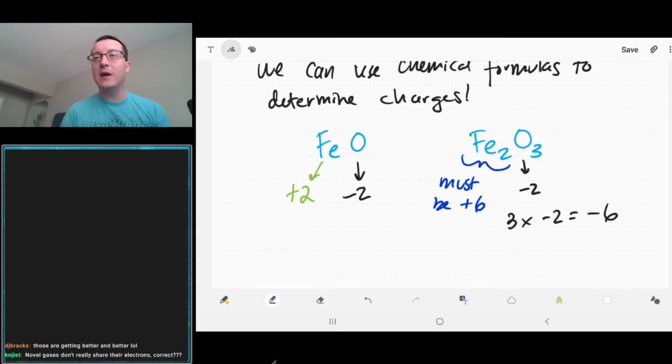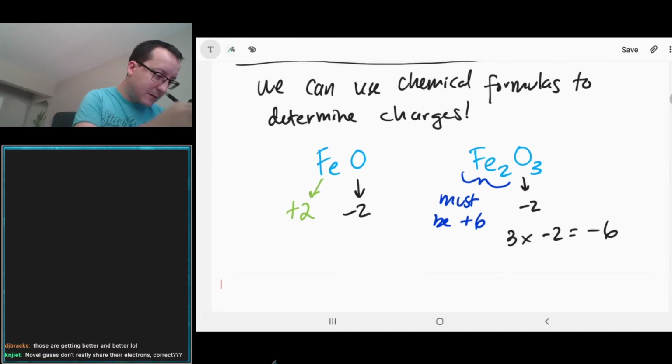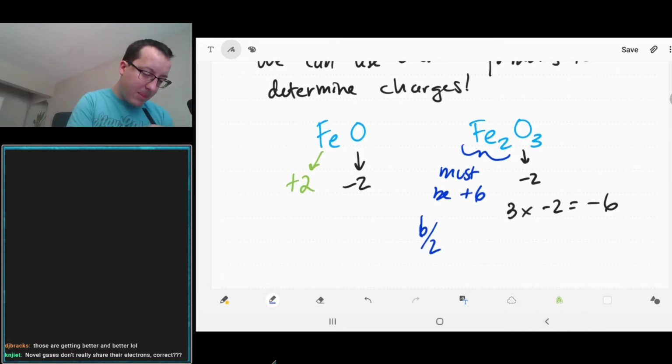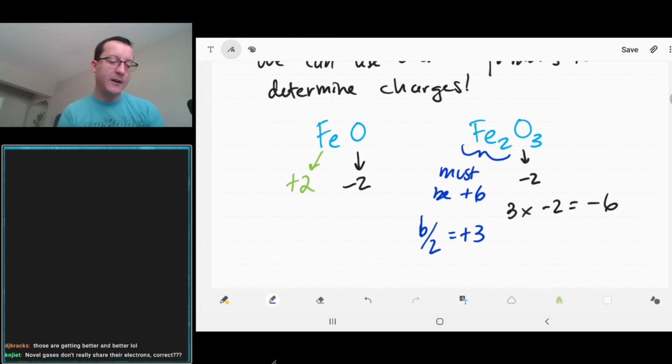Since we have 2 of those irons, that means each iron is going to be +3. We have a total of +6, and 2 irons, so each iron is +3.